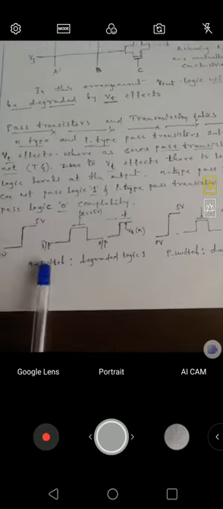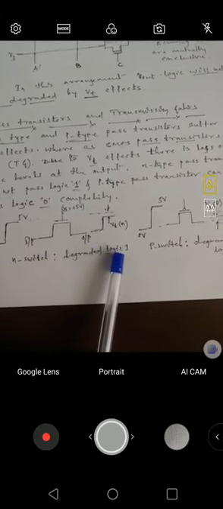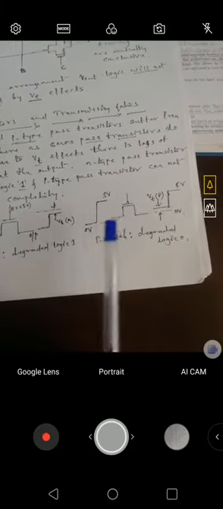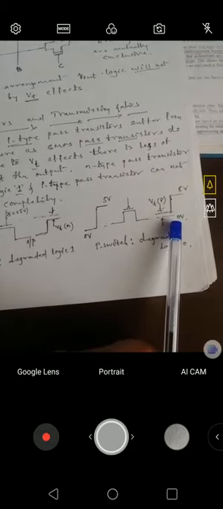That's why the NMOS switch degrades logic 1. Similarly for a PMOS transistor, the P switch, we can apply 0 to 5 volt. 5 volt will pass as it is. 0 volt is degraded by the threshold voltage. Degraded logic 0.